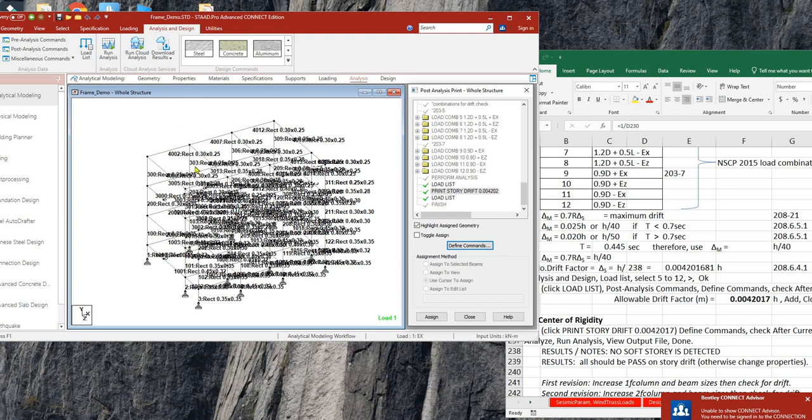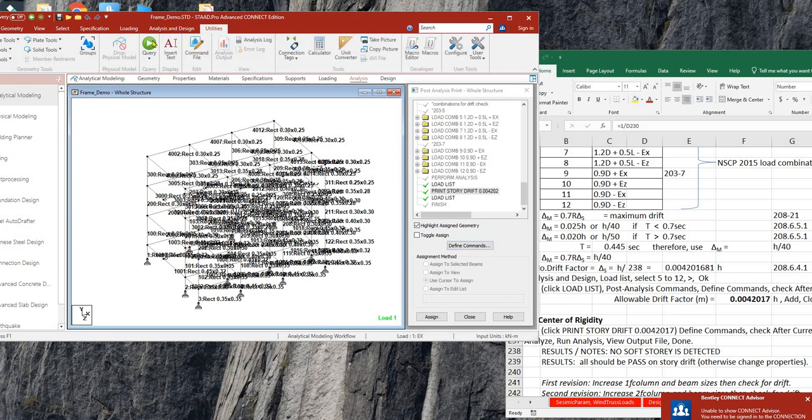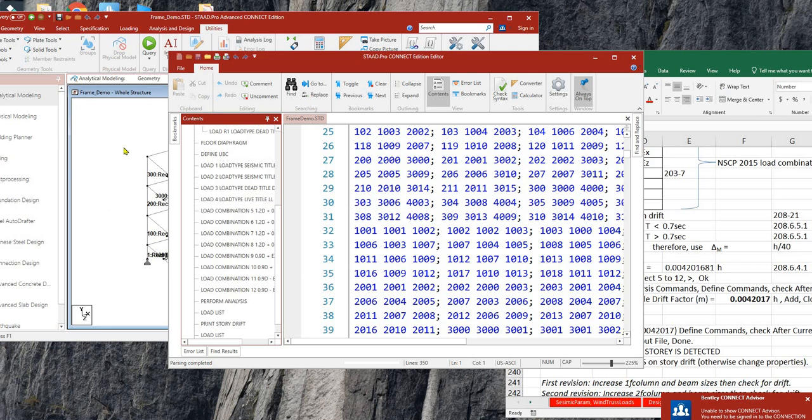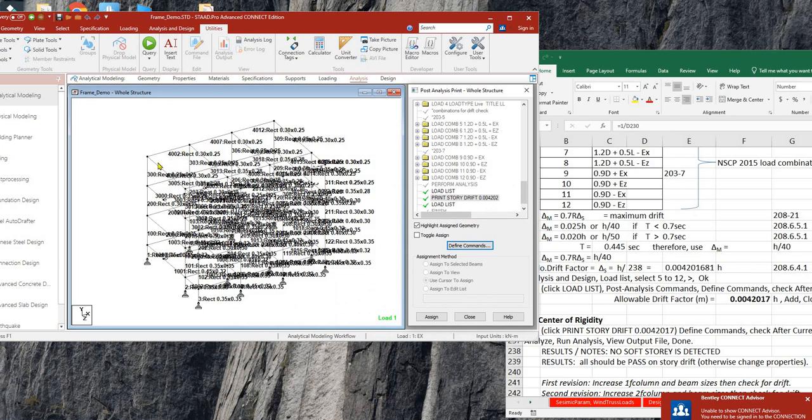Ngayon, i-check natin sa utilities dito sa command file kung ano ang nangyari. So, kung nahirapan ka dito sa commands, pwede mo nang idiretso yan sa editor.